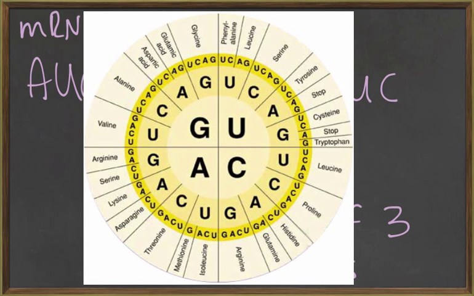If you use the pinwheel, you start in the middle of the wheel and then you work your way out in order to translate the code into an amino acid sequence, which is then eventually going to build your protein. This is the one that I will be talking about, and it's the one that I would always give you for a test or anything like that if I provided you with a genetic code.